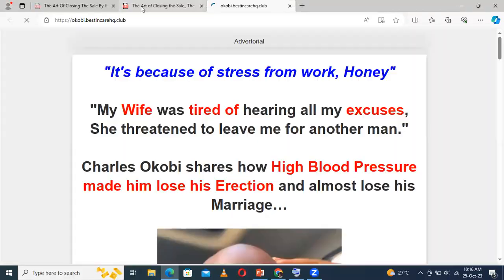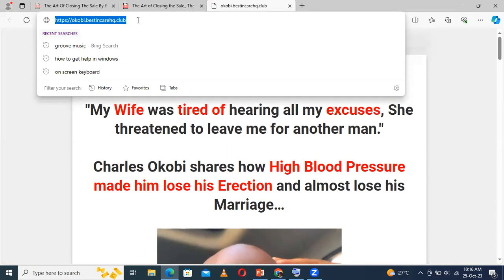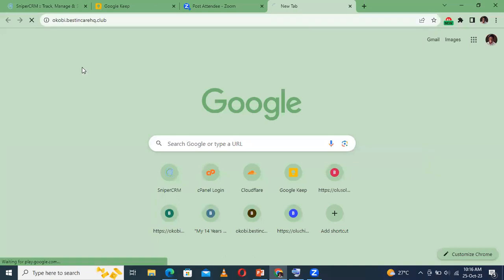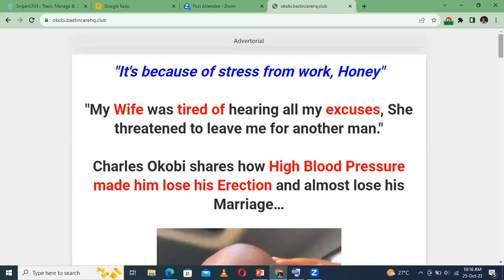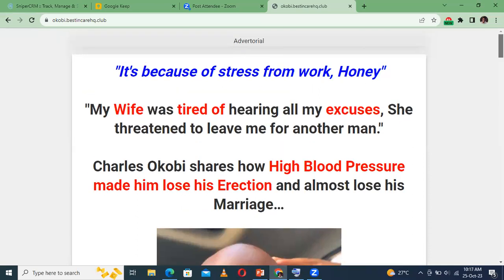I don't like this browser, so let me just copy the link and then we'll move to Chrome. Control C. Yeah, can everybody see my screen? Yes, sir, we can see your screen. Okay.